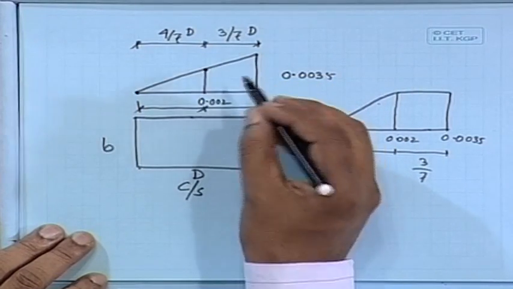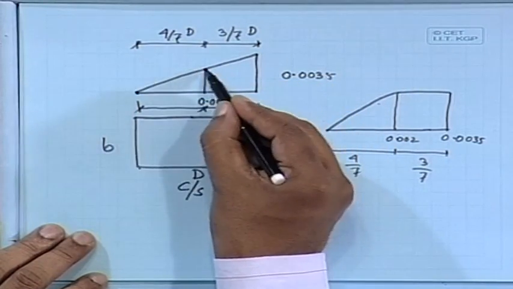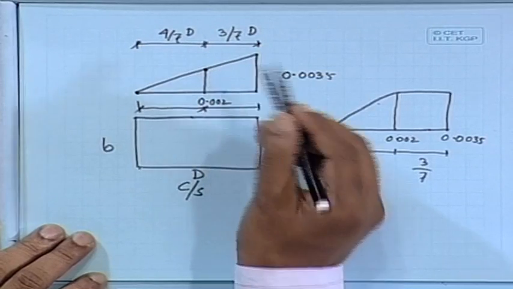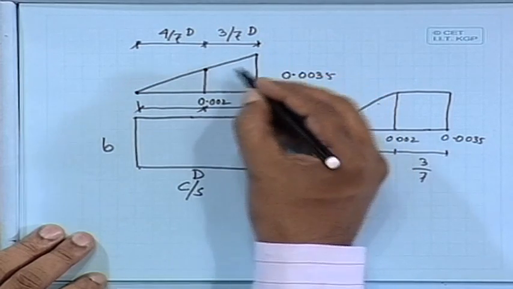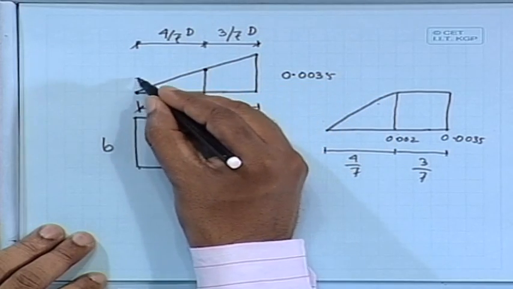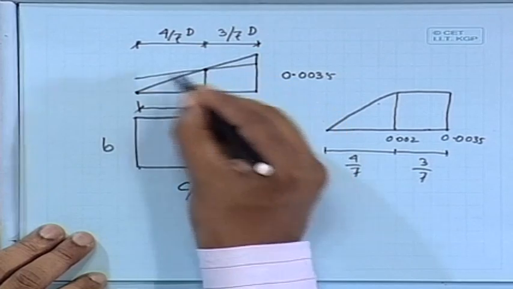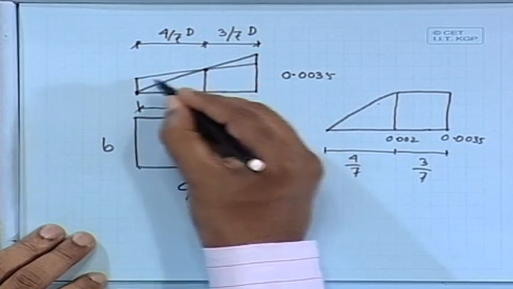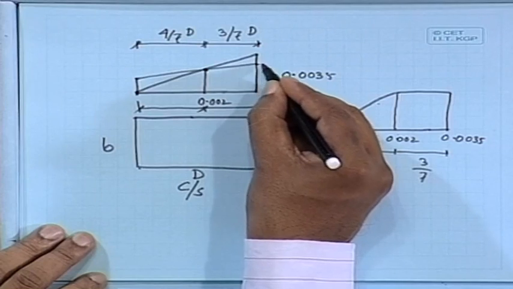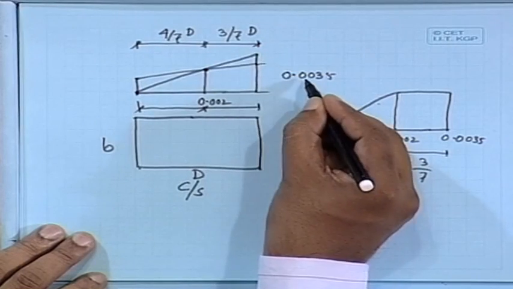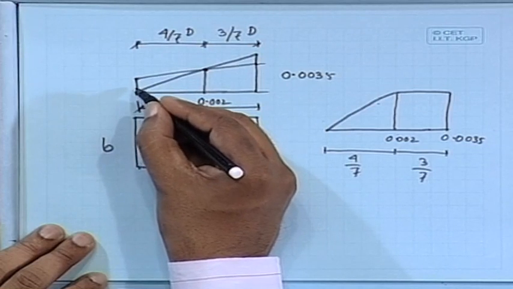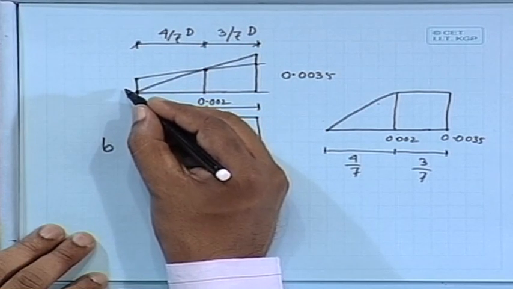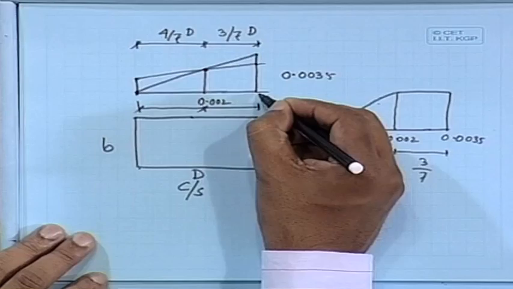The assumption says that if we rotate about this point, then we shall get one strain here which is less than 0.0035, and the other strain is developed. This is the least compressed side, and this is the maximum compression side.